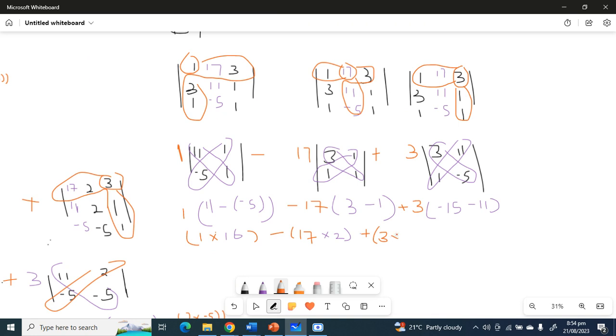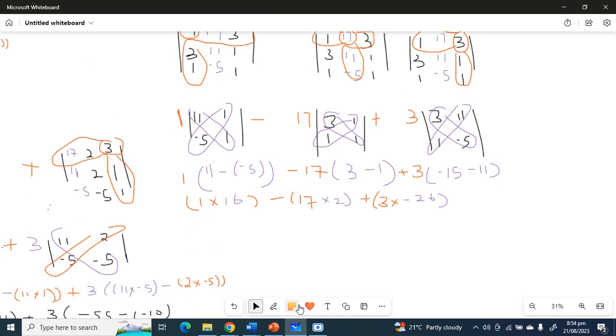So 3 times negative 26. Let's get our calculators. So 1 times 16, that is 16, minus 17 times 2, that is 34, plus 3 times negative 26.